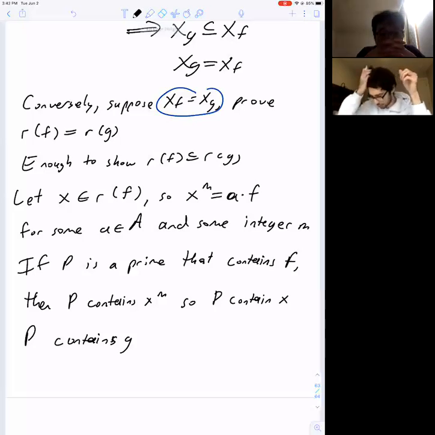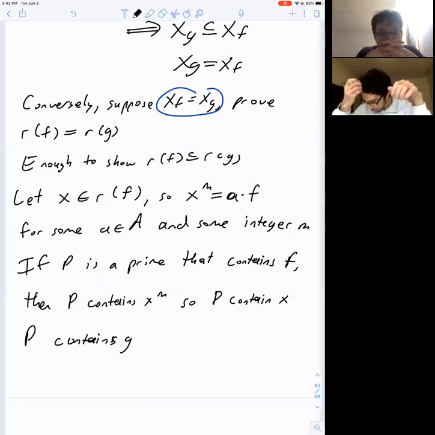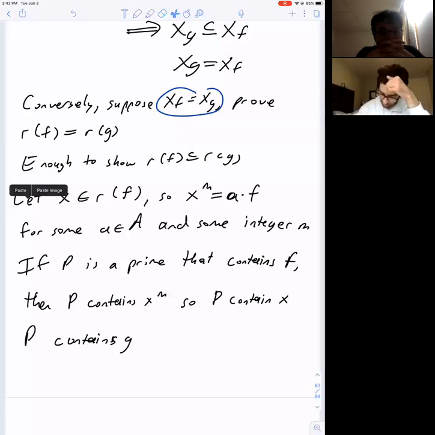So every prime P that contains f also contains g. So if you have an element of the radical of f, sorry, let's start over. Okay, it's fine. Let's do step by step.